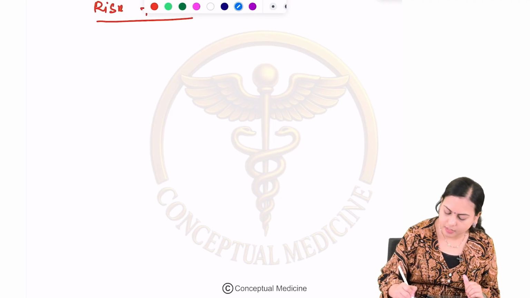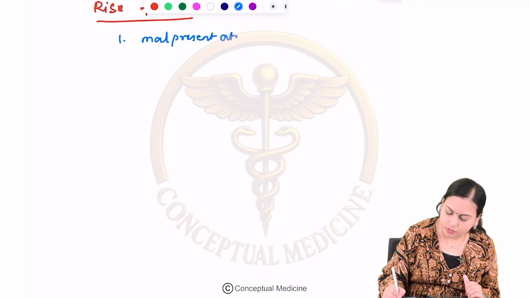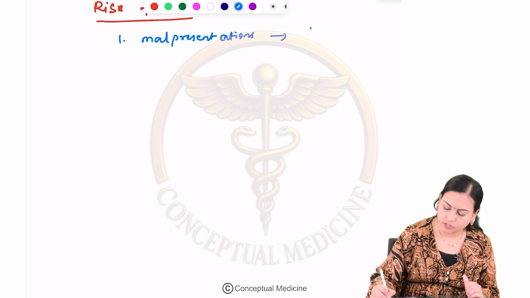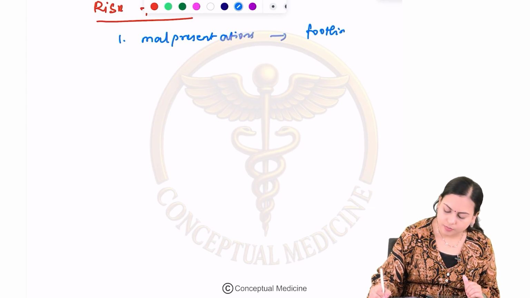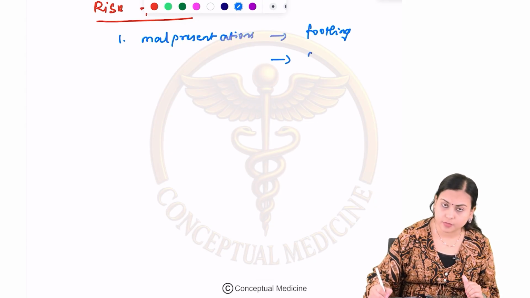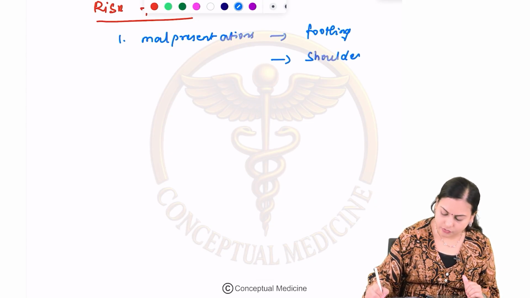And let us see what are the risk factors for this cord prolapse or cord presentation. So, risk factors include malpresentations. We have seen so many presentations now, say it is possible in a footling breech or it is possible in a shoulder presentation as well.